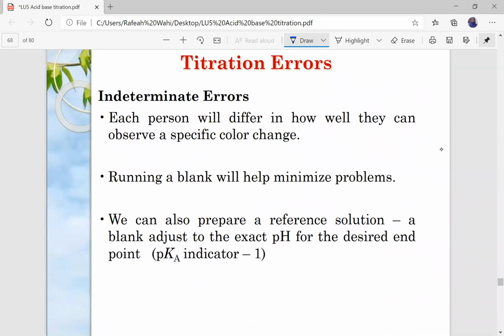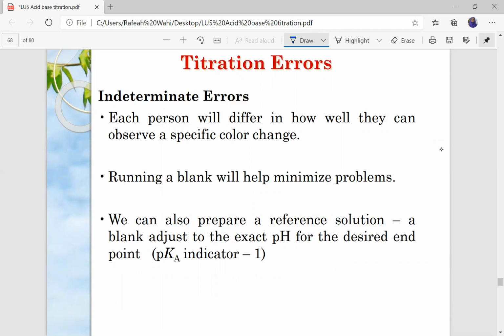Another type of titration error is the indeterminate error. Each person will differ in how well they can observe a specific color change. So running a blank will help minimize the problem. Okay, we can also prepare a reference solution, a blank adjusted to the exact pH for the desired endpoint.